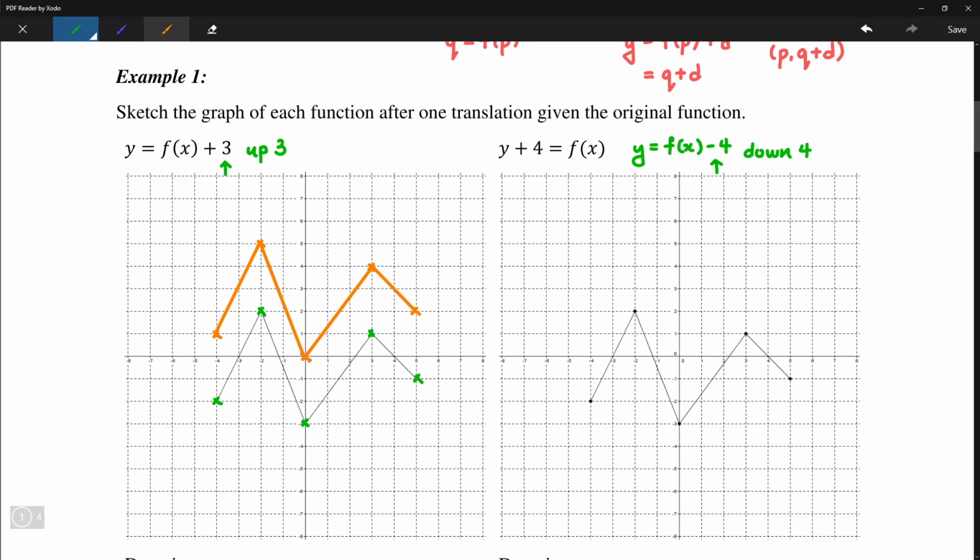So again, the same thing. 1, 2, 3, 4, and 5. So the 5 points. Let's connect them together. That's all we need to do.